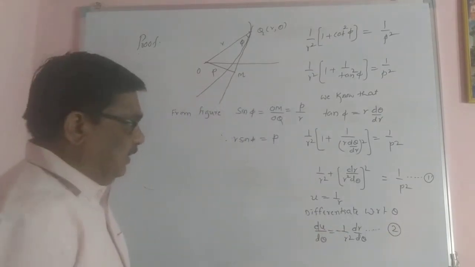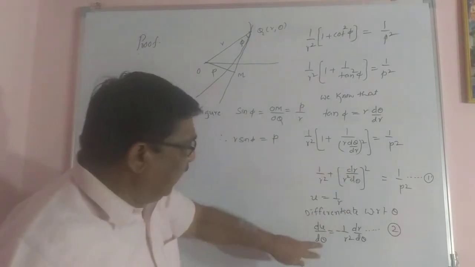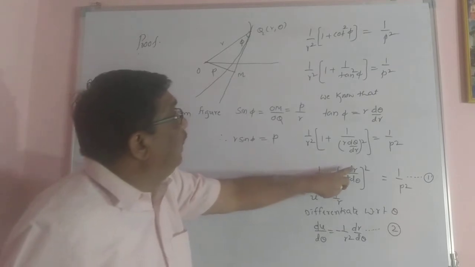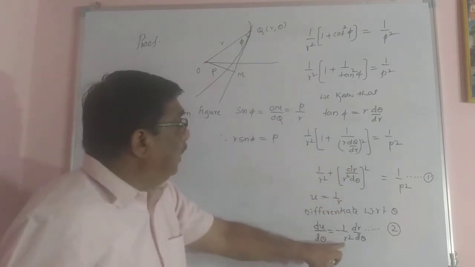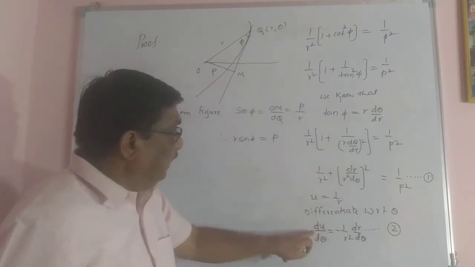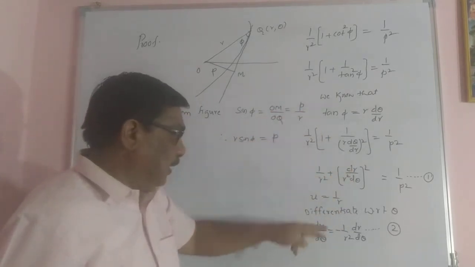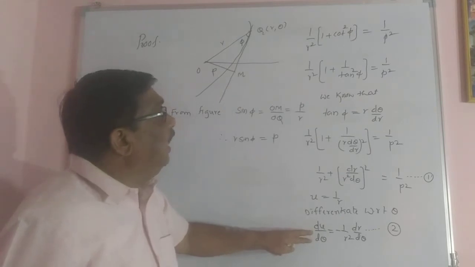Yes. See, from equation 1 I can replace this. u is 1 by r, so it is u square. dr by d theta times 1 upon r square is du by d theta. If I replace that, since the square is there, minus square becomes plus, so it is du by d theta whole square.